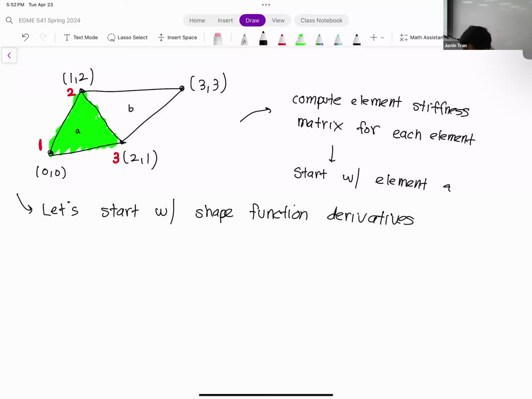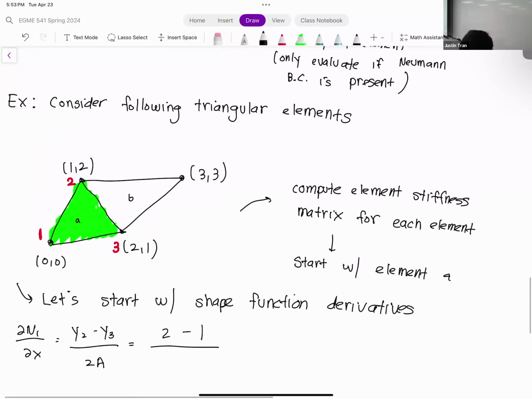All right. So let's start with partial n1 partial x. If you look back at the expressions from the previous page, partial n1 partial x is y2 minus y3 divided by 2a. So if we plug in, the y coordinate of node 2 here is 2, and the y coordinate for node 3 is 1.